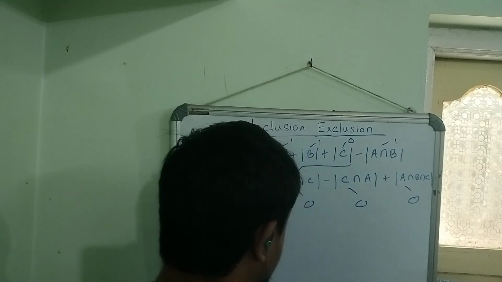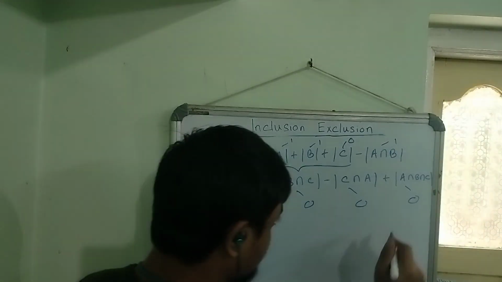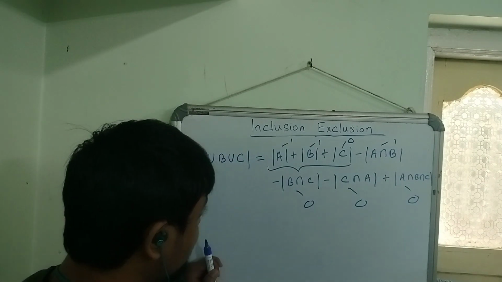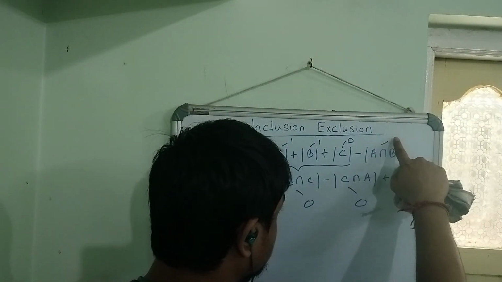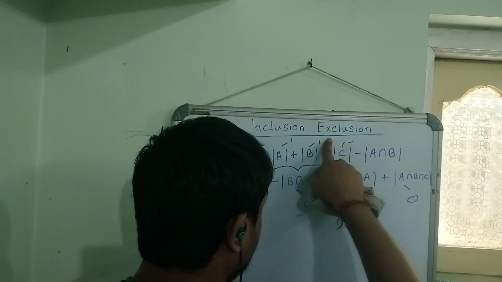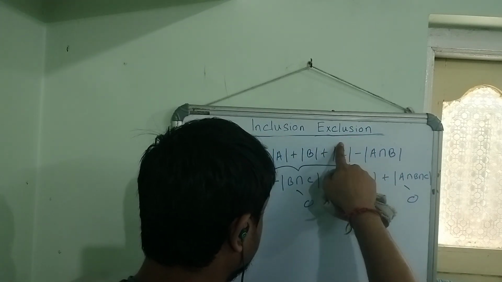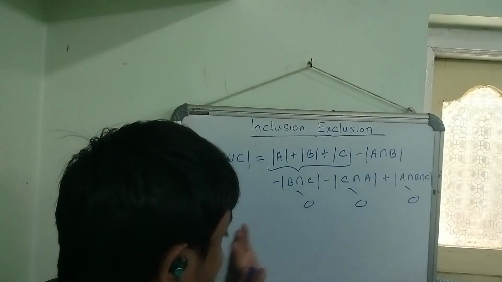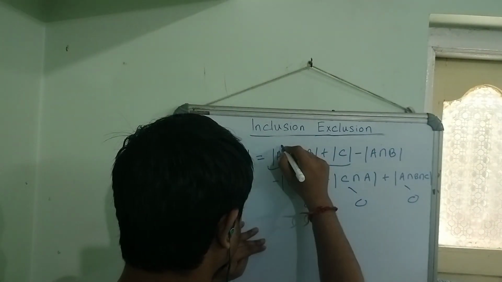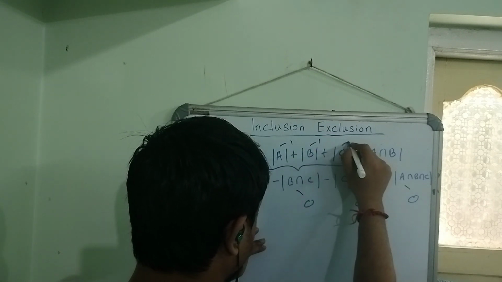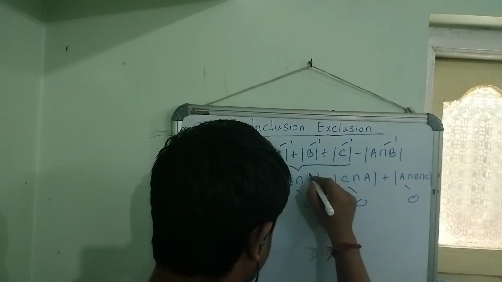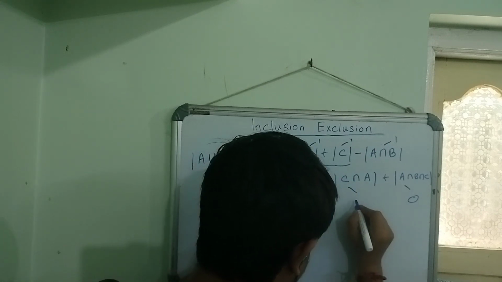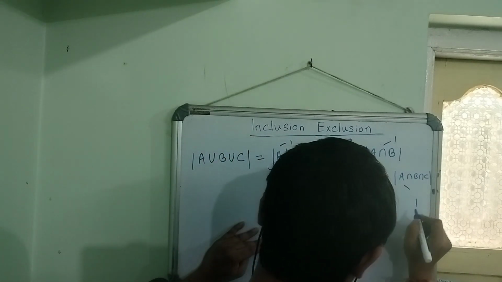Now, the most interesting is this one. It is present in all three. Those which are present in all three, how many times are they counted? Since these elements are present in all three, it is counted here once, here also present, here also present, here also present, here also present, and here also present.